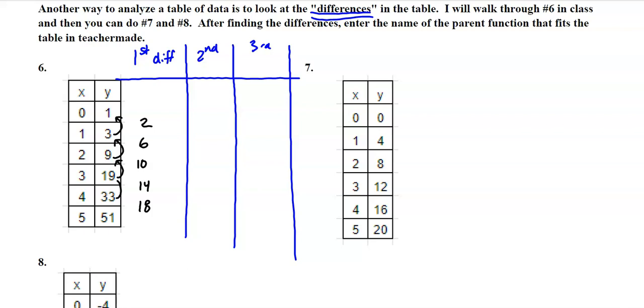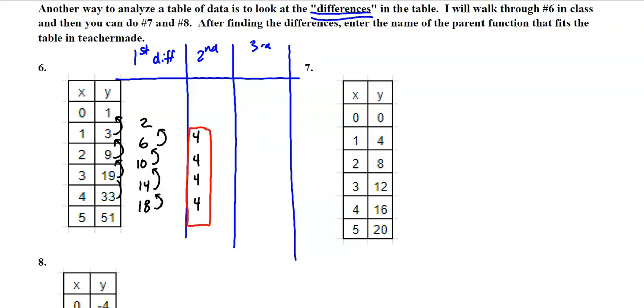So now I'm going to play that same game again. The second column of differences is 4. Subtract this, I get 4. Subtract that, I get 4. Subtract that, I get 4. I've now found they all match up.